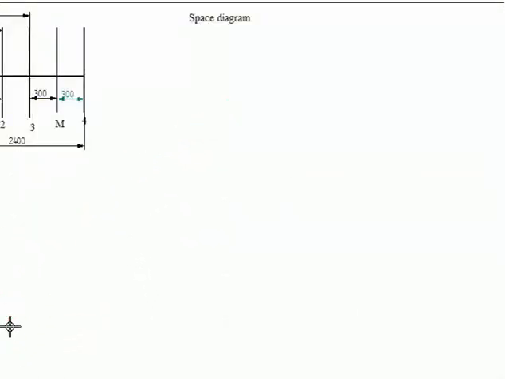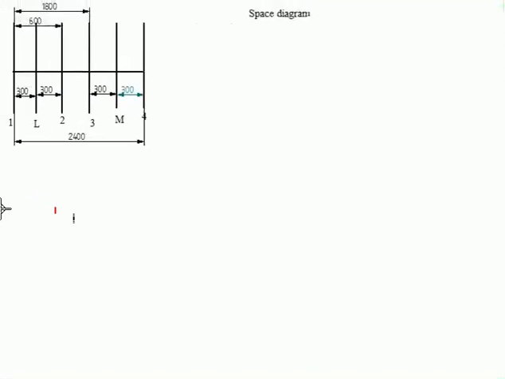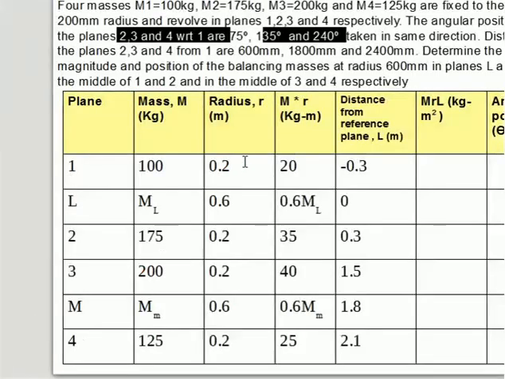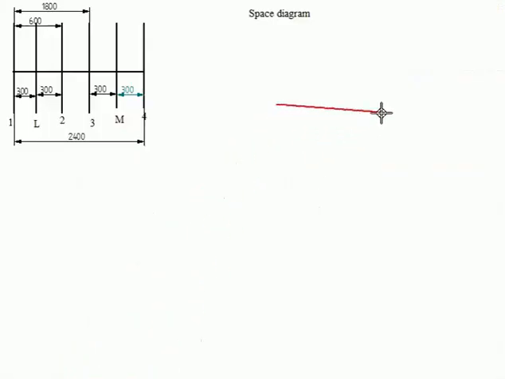So here in this diagram, 1 will be the reference line and the radius of 1 is 0.2. Its inclination is 0 degree. Here you have to take a suitable scale.